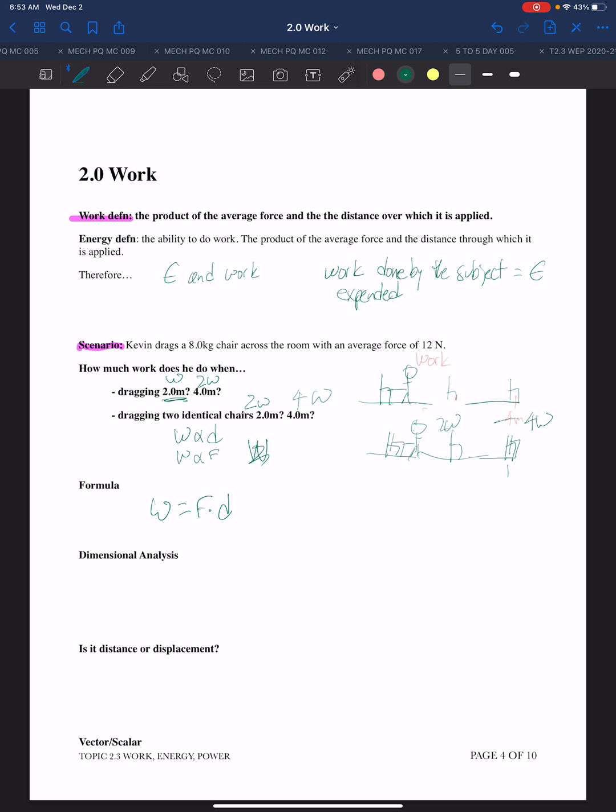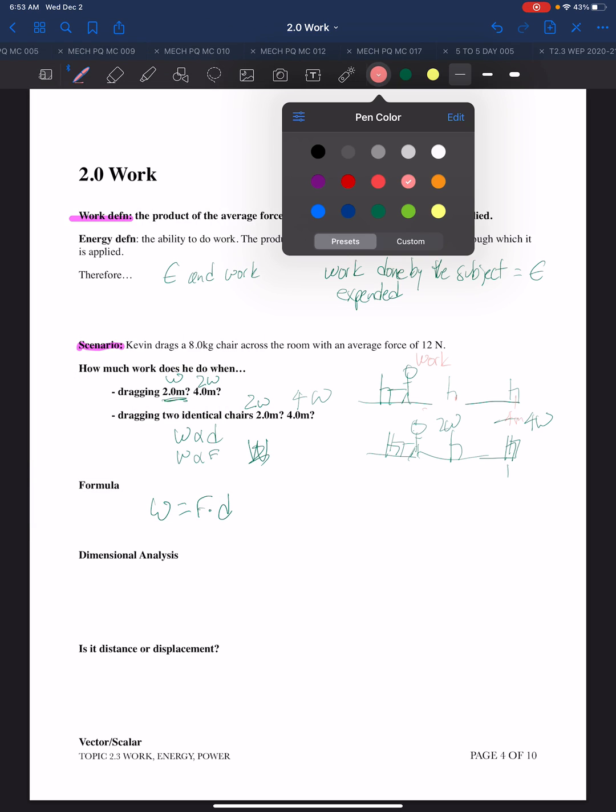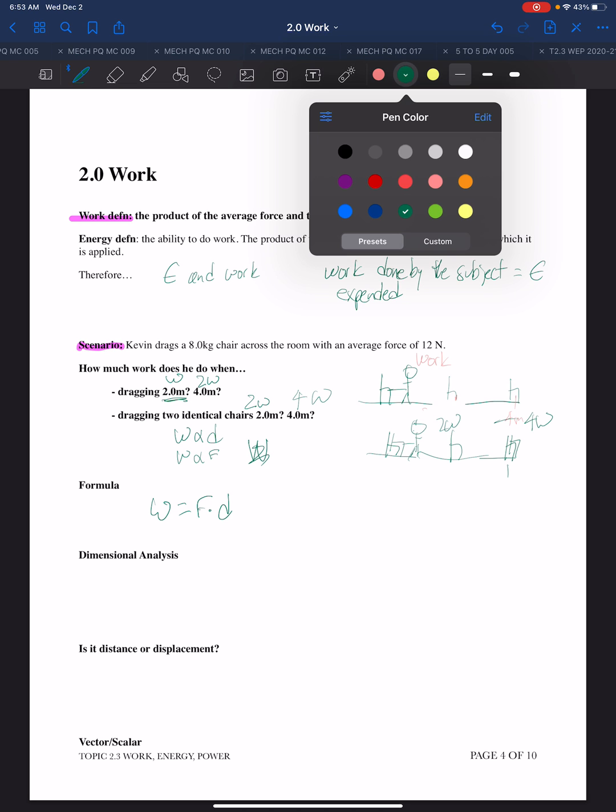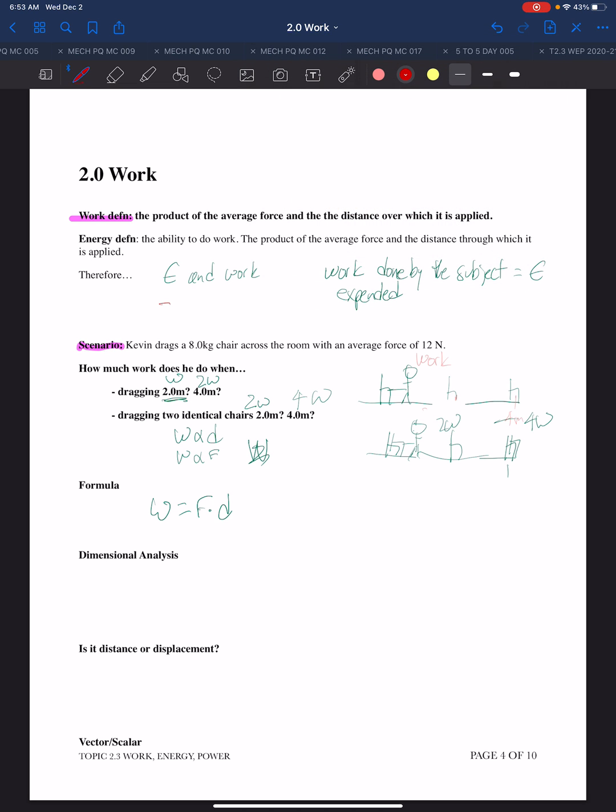And as we're discussing work, we should mention 2 different types of work that we'll want to come back to. Those 2 different types of work are useful work and unuseful work.